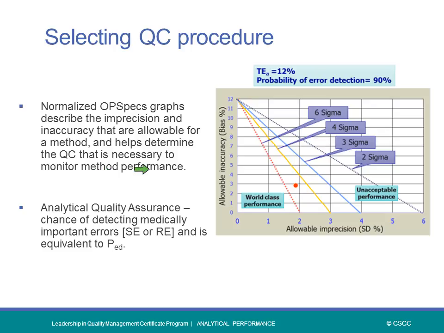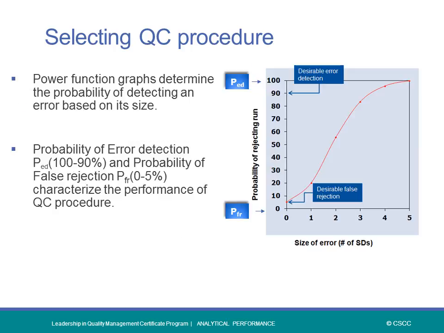But the power function graph determines the probability of detecting an error based on its size. And we can see in this plot of a number of standard deviations against the probability of rejecting a run, without considering whether it's a false rejection or a true rejection, when an error occurs.